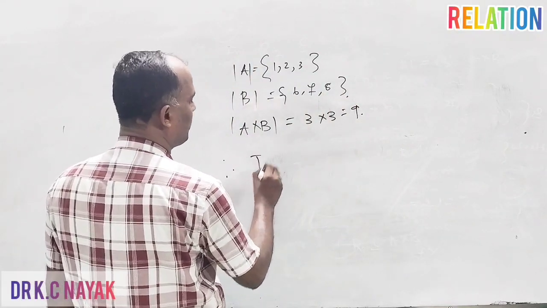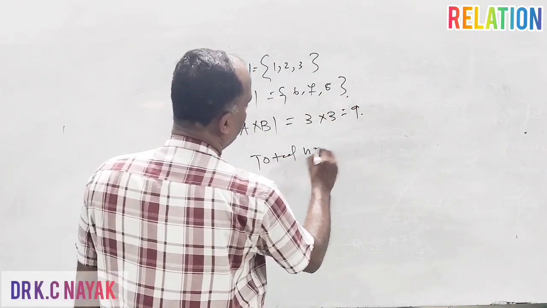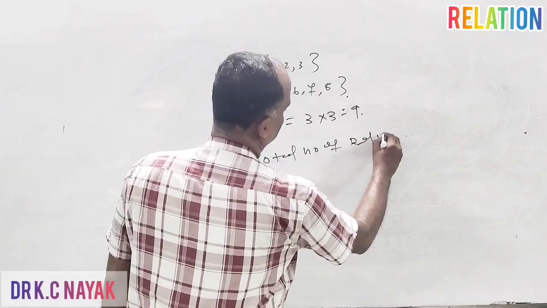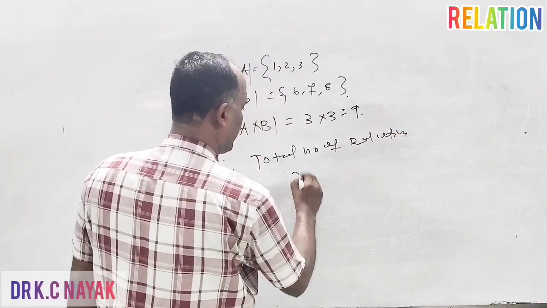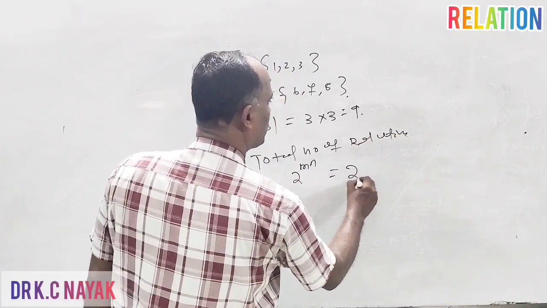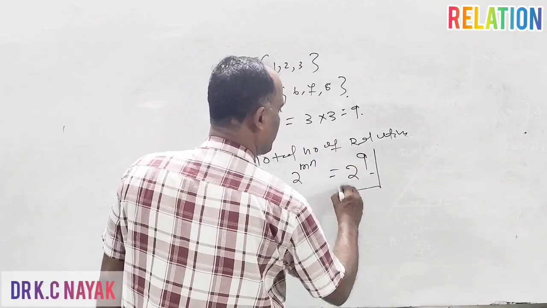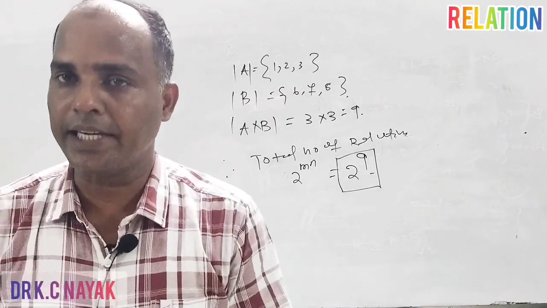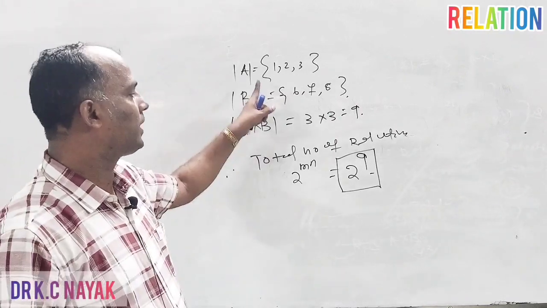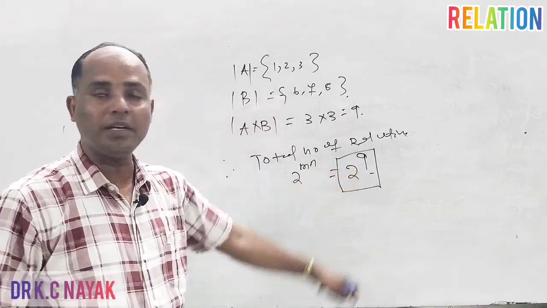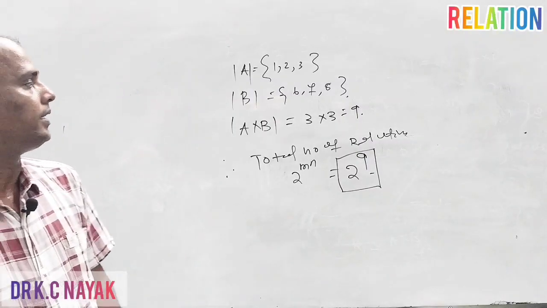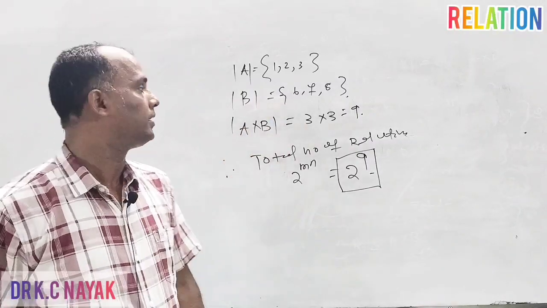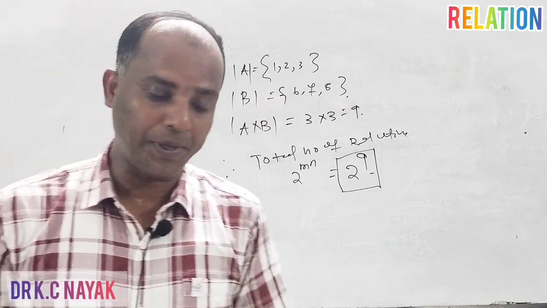What is the total number of relations? Just see, 2 to the power mn, here 2 to the power 9. That means 2 to the power 9 relations are to be formed from A to B.